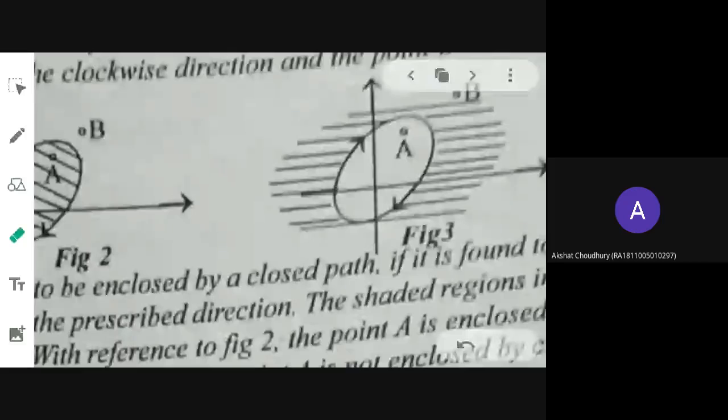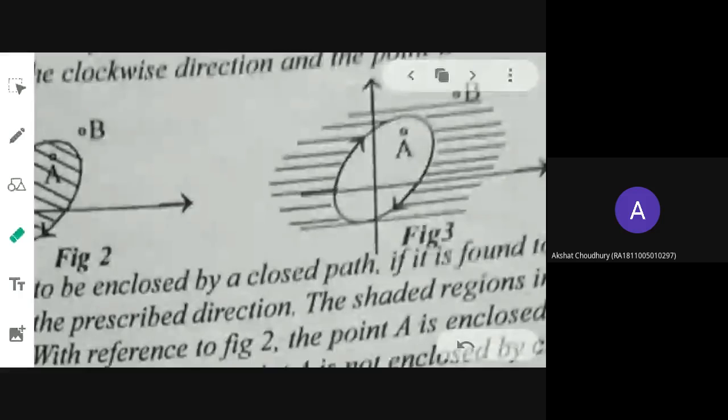Wait, let it come on the screen. Okay, this is the third figure. Here, which point is present in the shaded region? B. So B is said to be enclosed.